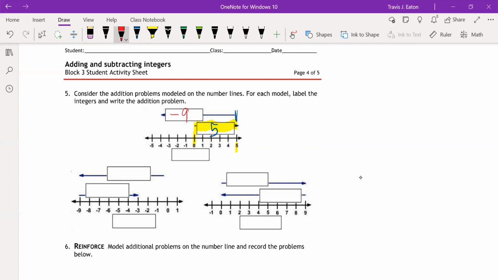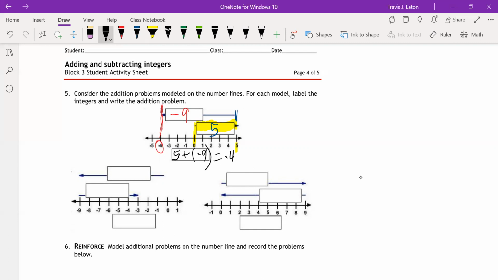We moved -9 spaces, and we ended at -4. So to write this out, we will say, 5 plus (-9), pardon the penmanship, equals -4. Okay, 5 plus (-9) equals -4.